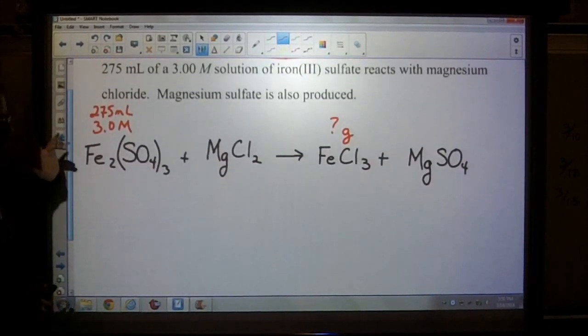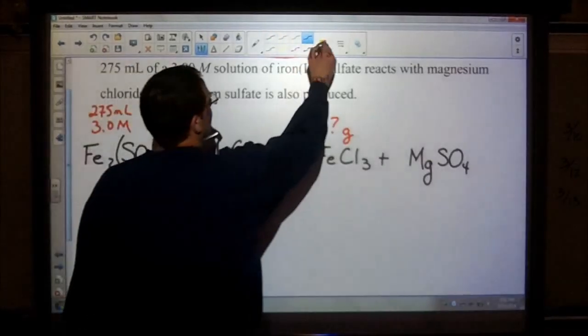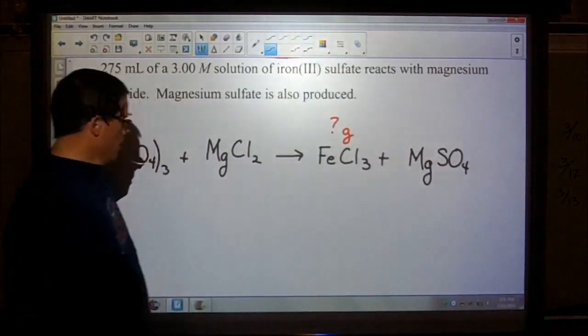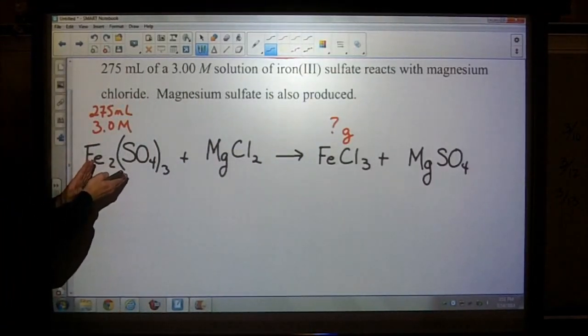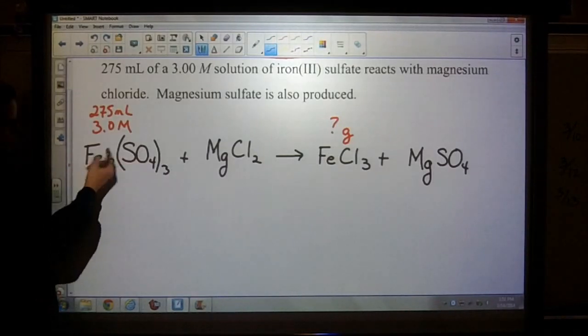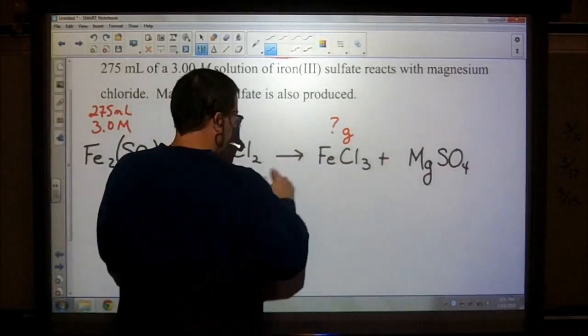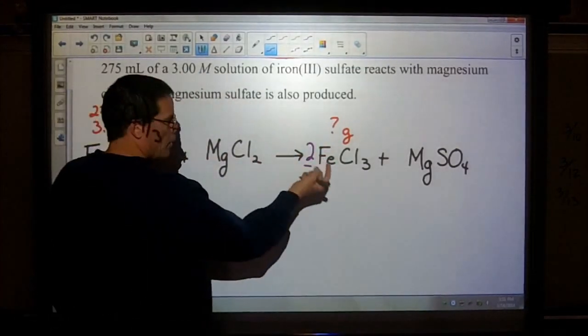All right, so step 1, write a balanced equation. Actually, let me go with purple there. Step 1, write a balanced equation. That is the ugliest one of them all, so let's start with that one. It doesn't matter if you start with the iron or the sulfate. Let's start with the iron. There's 2 of those. So I'm going to put a 2 right there. So now I've got 2 irons on both sides.